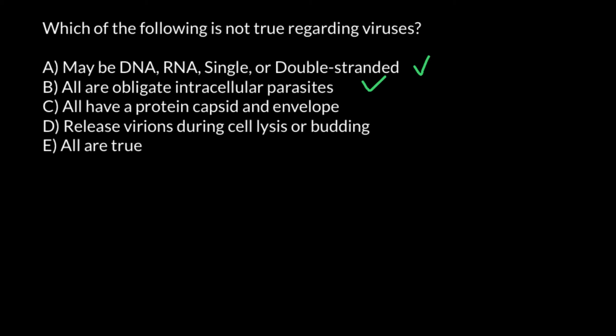And now some of you may wonder how virions and virus are different, because the question is about viruses, and here we see virions. Let me clarify these two terms.